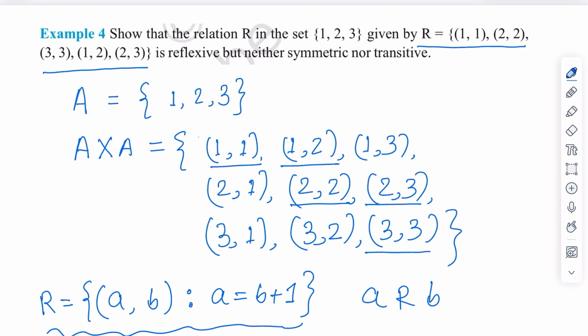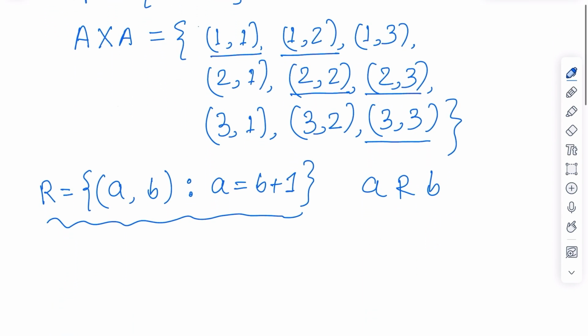Now we have to show that it's reflexive. So what's a reflexive relation?